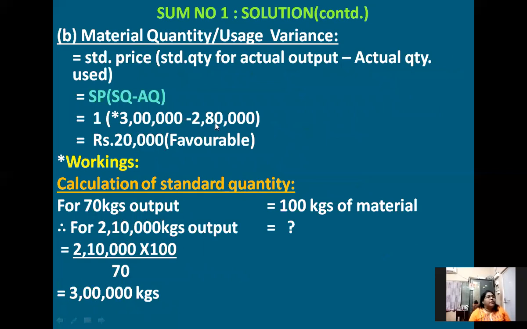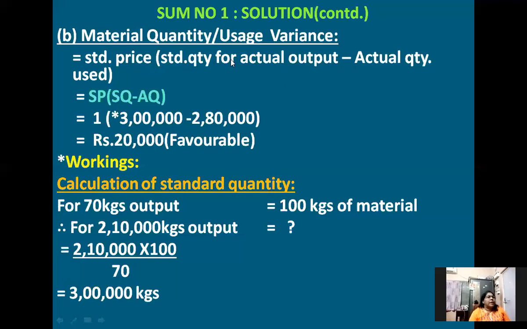So 3 lakhs minus 2,80,000, which is the actual quantity already given in the problem. So what is the answer? 3 lakhs minus 2,80,000 is 20,000 into 1. It is favorable. So this is how you can calculate the material quantity or usage variance.